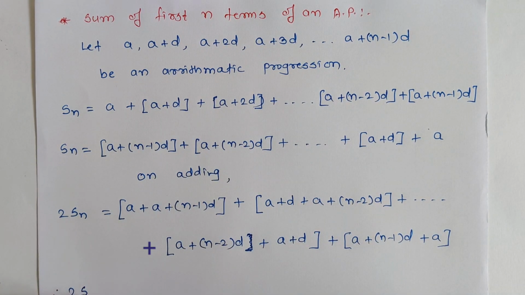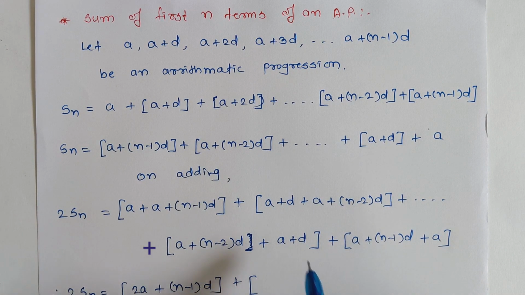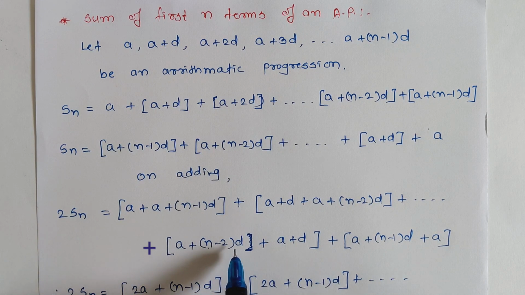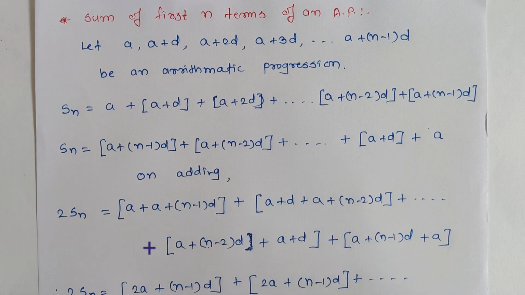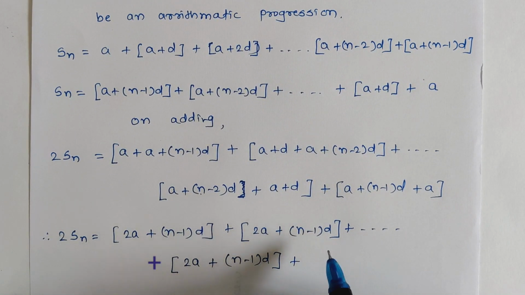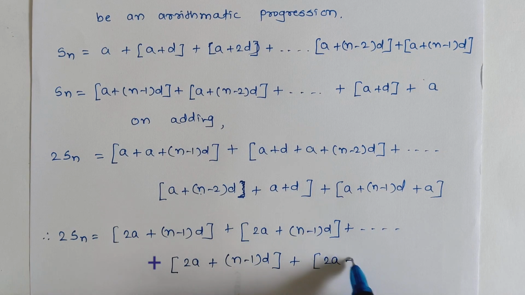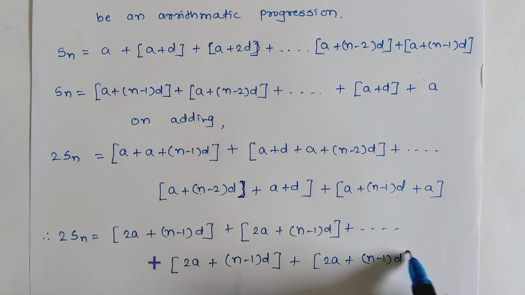So 2Sn is equal to a plus a, that's 2a, plus n minus 1 into d, plus in the second bracket we have a plus a again 2a, plus n minus 2 into d plus d, that will be n minus 1 into d, plus up to the second last term, again here we have a plus a, that is 2a, plus n minus 2 into d plus d, that is n minus 1 into d, plus, and the last term is also a plus a, that is 2a plus n minus 1 into d.